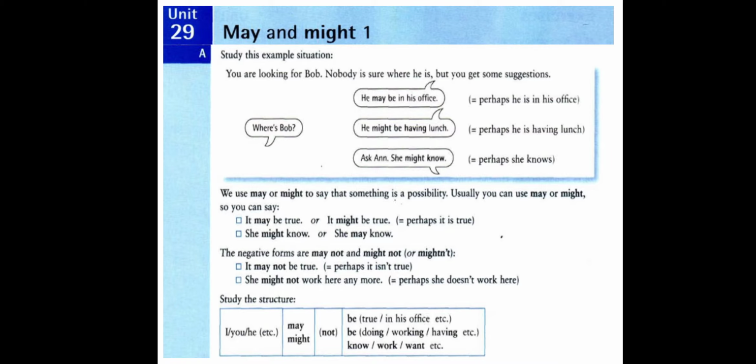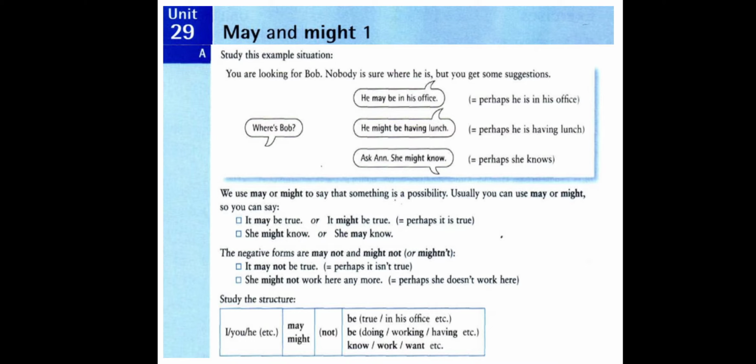The negative forms of may and might are may not and might not or mightn't, followed by the base form. So to say it is possible that it is not true, then we say it may not be true or it might not be true.